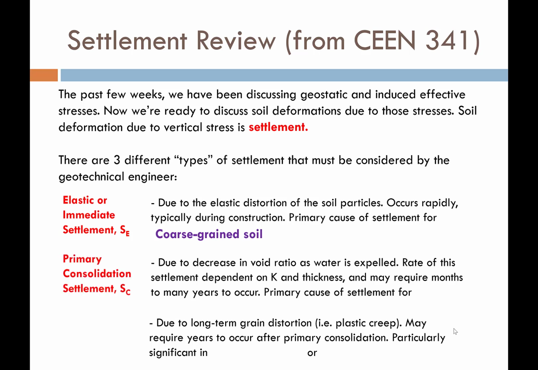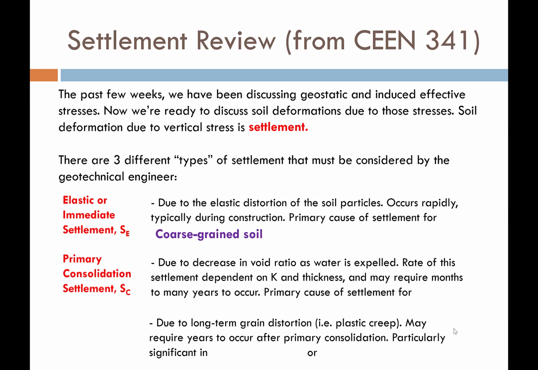The second type of settlement is called primary consolidation settlement, often represented with an S sub C. This is caused by a decrease in the void ratio as water is expelled from the soil. This type of settlement generally occurs over a long period of time.